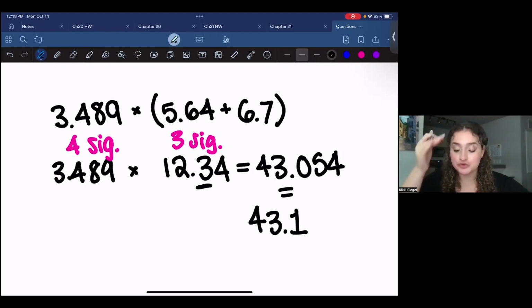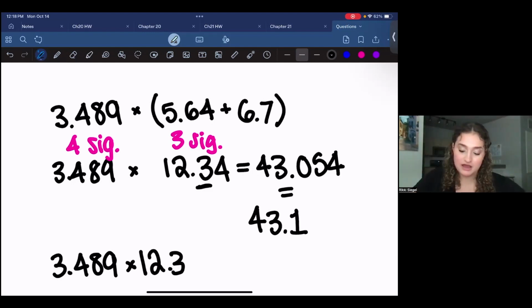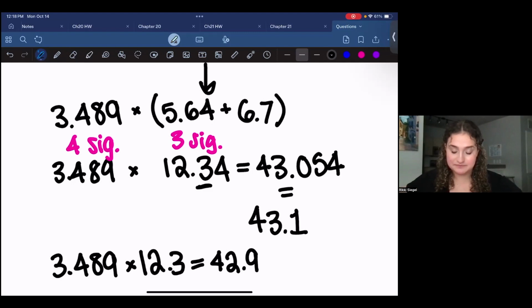If you were to just round as you go, we would get 3.489 times 12.3. So if you were to think, oh, this only has one digit after the decimal point, so let me just round it here and then do it, my answer would actually be 42.9 something.